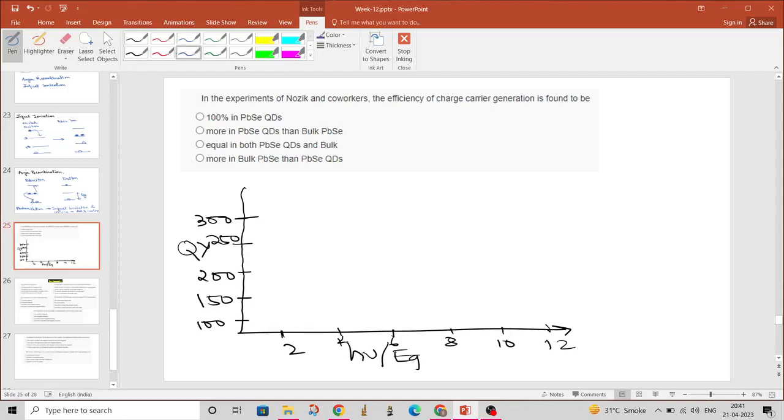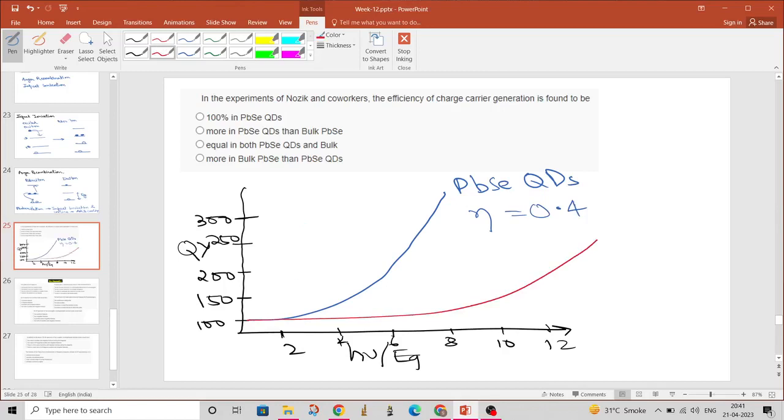So for the lead selenide quantum dots, the efficiency is like this, with an efficiency of 0.4, and for the bulk it goes like this.